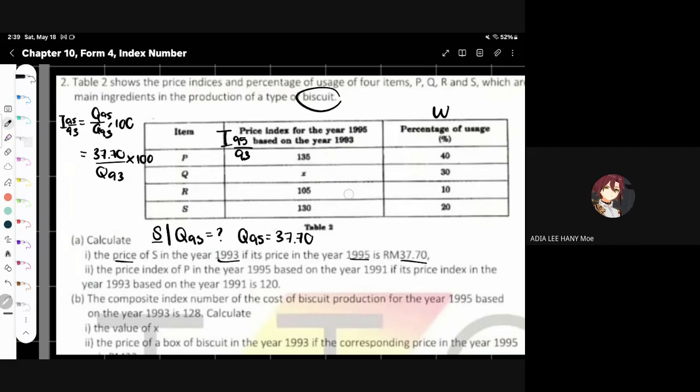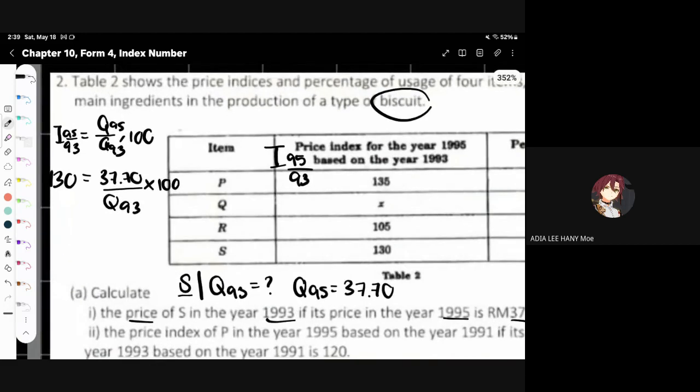So we are talking about S, so we're talking about this line here. So this one, 130. Then we use common algebra. Use the normal one. So 130 divided by 100. And then 37.7 divided by the answer.